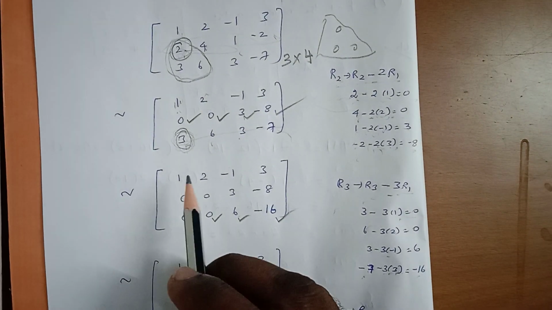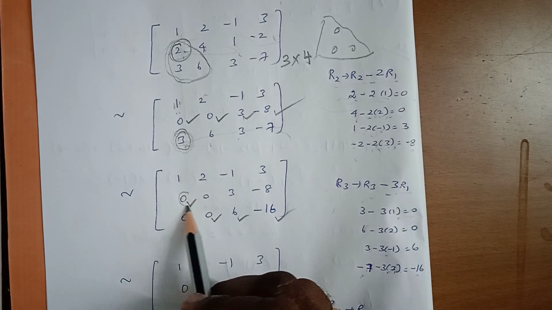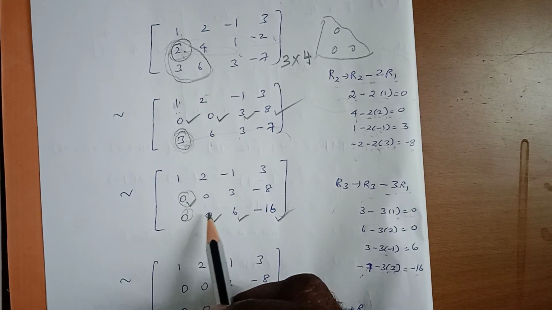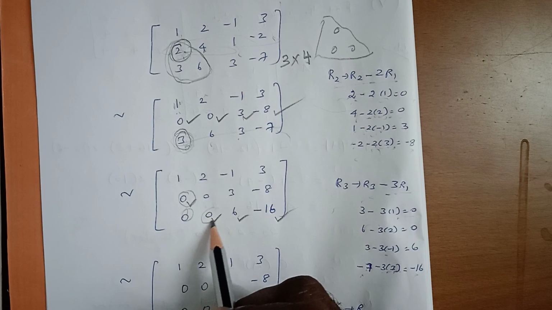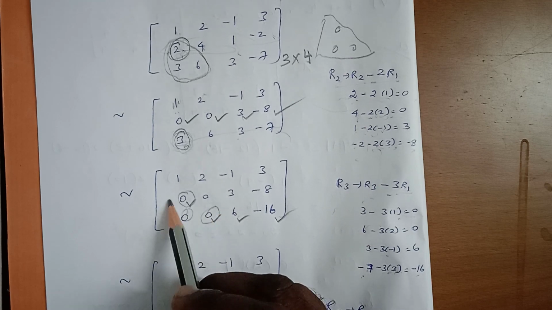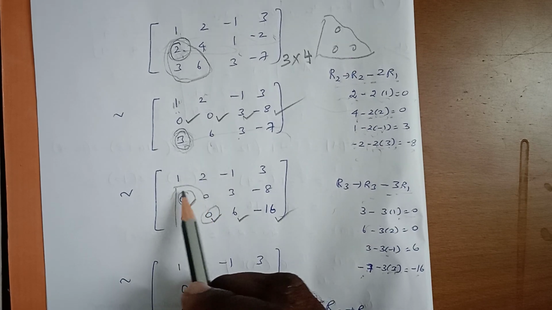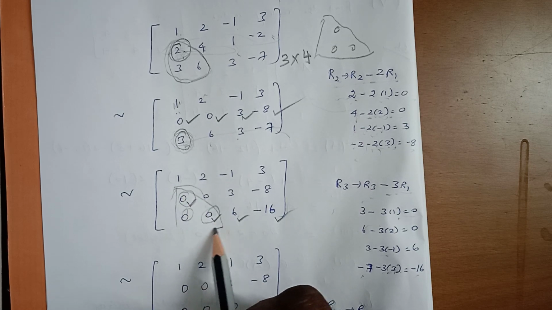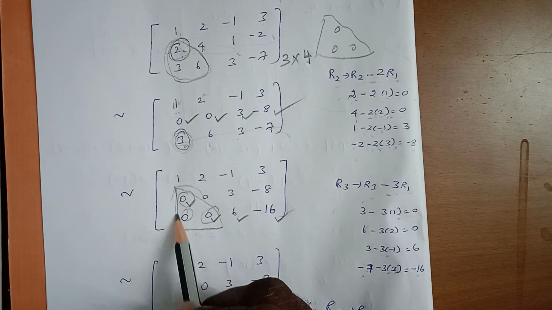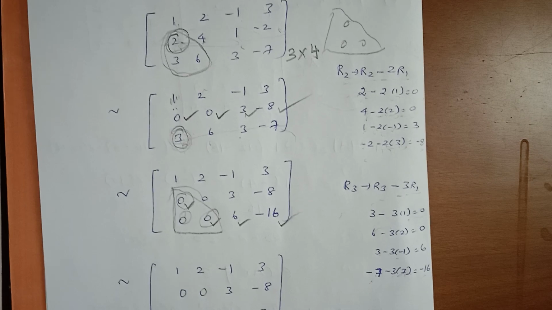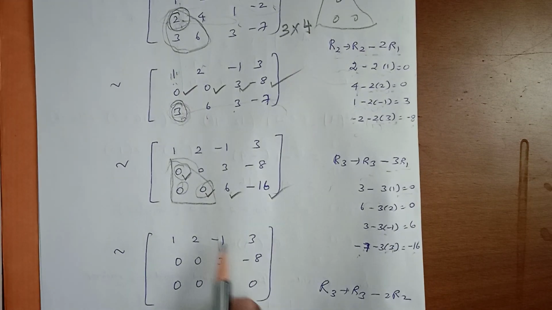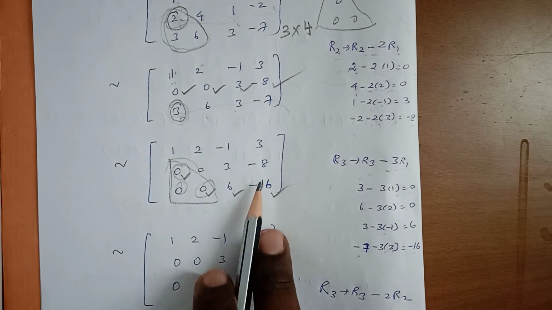So our aim is that these two terms are 0, and this term is also 0. So we have to form the upper triangular matrix. Finally we have to simplify this expression.